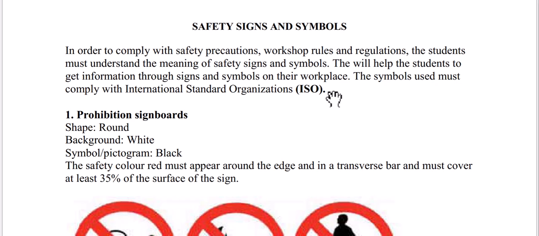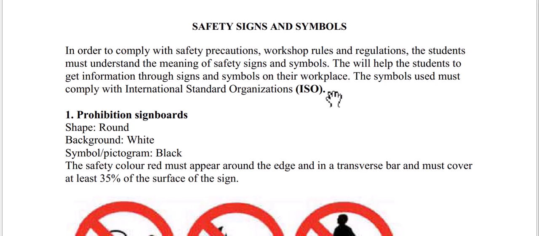So as technical drawing or engineering drawing becomes the language of engineers, also the signs and the symbols are the language of engineers, and this provides some useful information to the users of a particular workshop, particular factory, particular place where the information is necessary.